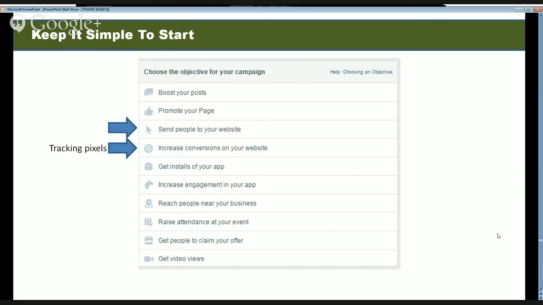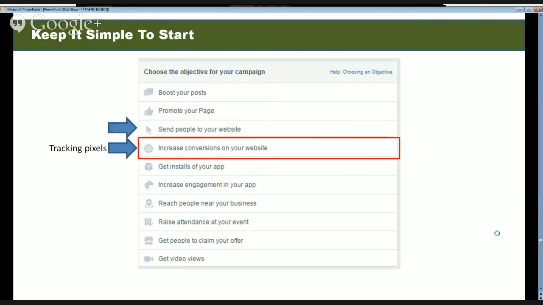If you want to start tracking the conversions, you'll bring down your costs by using tracking pixels, putting them on your website and figuring out where you want to do it. But that adds a lot to the complexity. So for now, send people to your website. As I said, tracking pixels are the best solution, but they're much more complicated. So send people to your website.